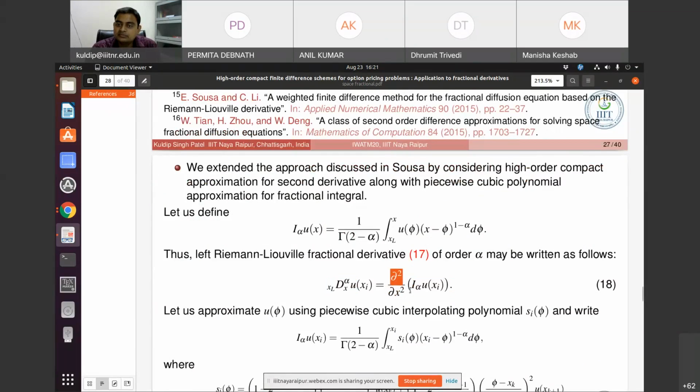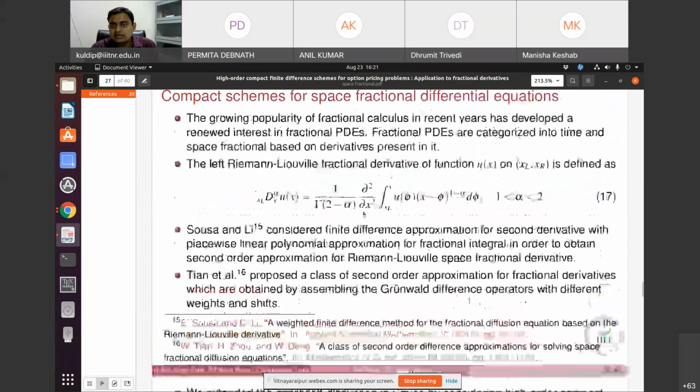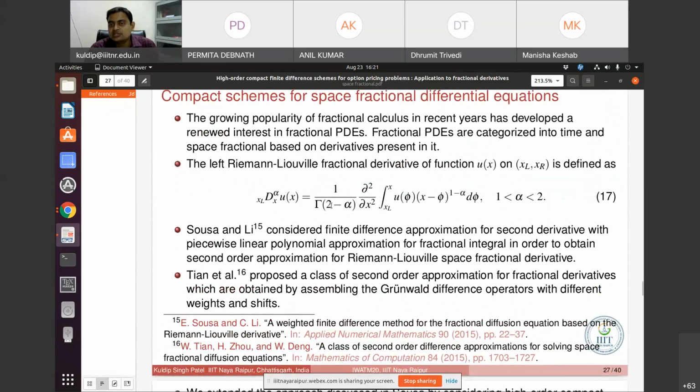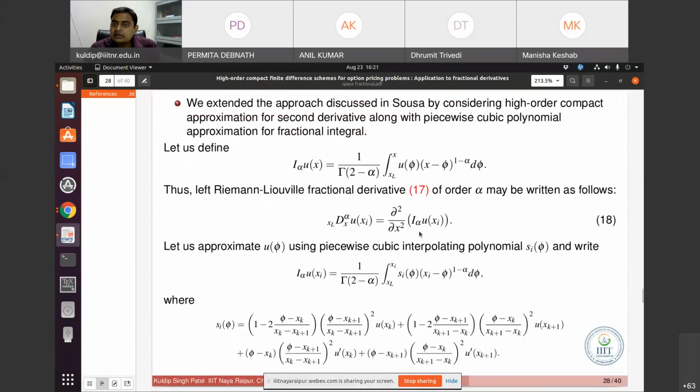In this way. Now it is looking great. If we have fourth order for this, and we already have fourth order for del 2 over del x2, because this 1 over 2 minus alpha can go inside, not an issue, it is a constant only, then we can have a fourth order approximation for Riemann-Liouville.